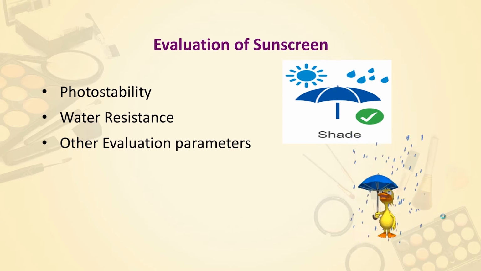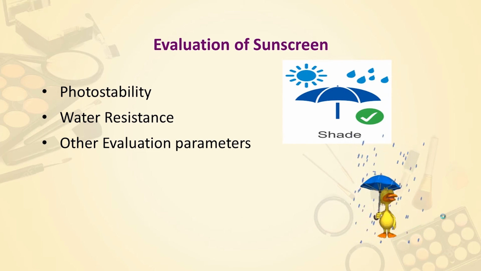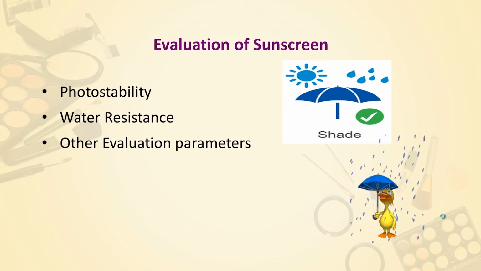Water resistance is important because it should not get diluted with perspiration and reduce the intensity of its effect. The other evaluation parameters are the same as we will see in creams and lotions.